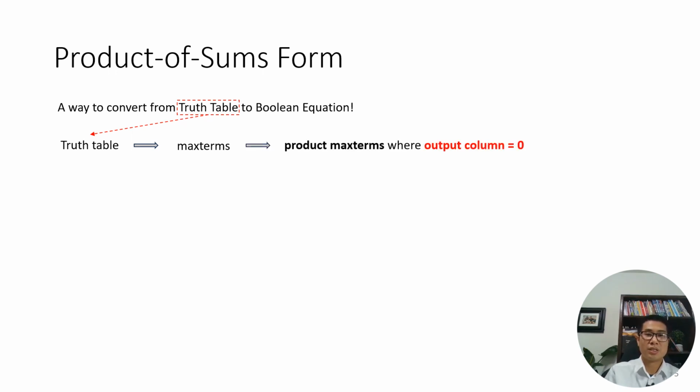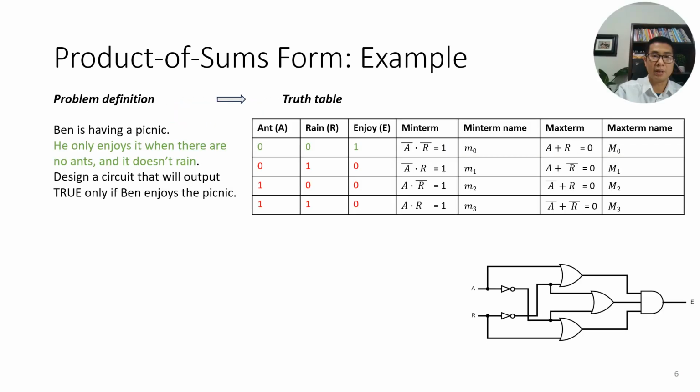Then you're going to just product all the max terms when the output equals 0. So this one is its dual form, and we'll be able to generate the Boolean equations from there.